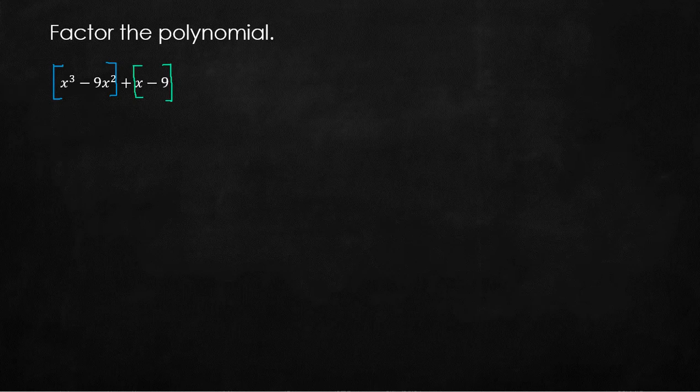And when you do that, you get x cubed minus 9x squared in one set of parentheses here. So in this set, I'm going to factor out a GCF. And the GCF in this one is x squared.